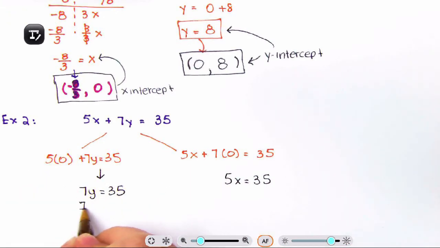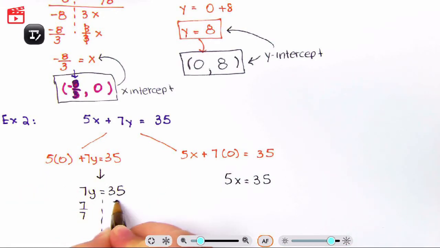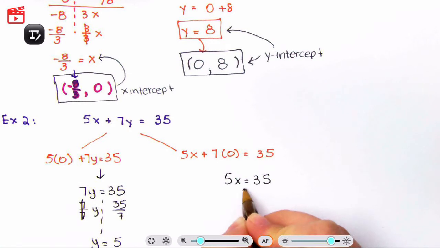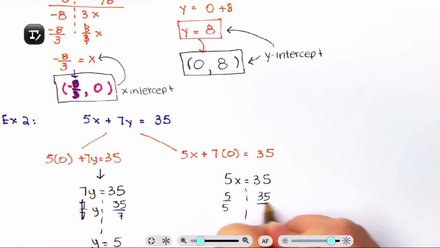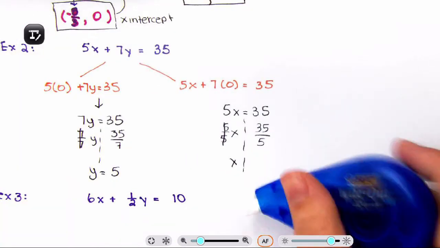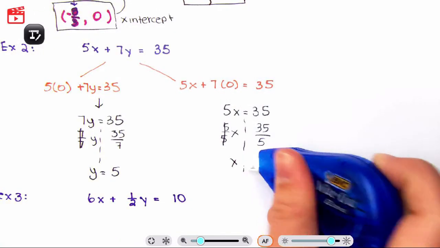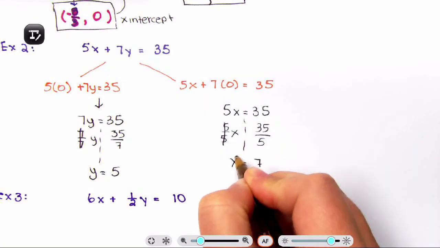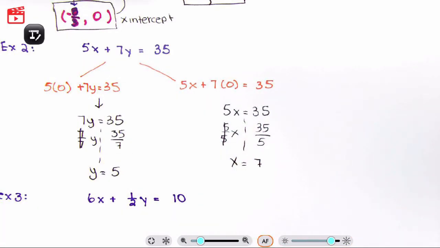Again, we're going to solve. So I'm going to divide both sides by 7. So y is equal to 5. Same thing here. I'm going to divide both sides by 5. So that means x is equal to 7. Again, look at the letter that you have left over.